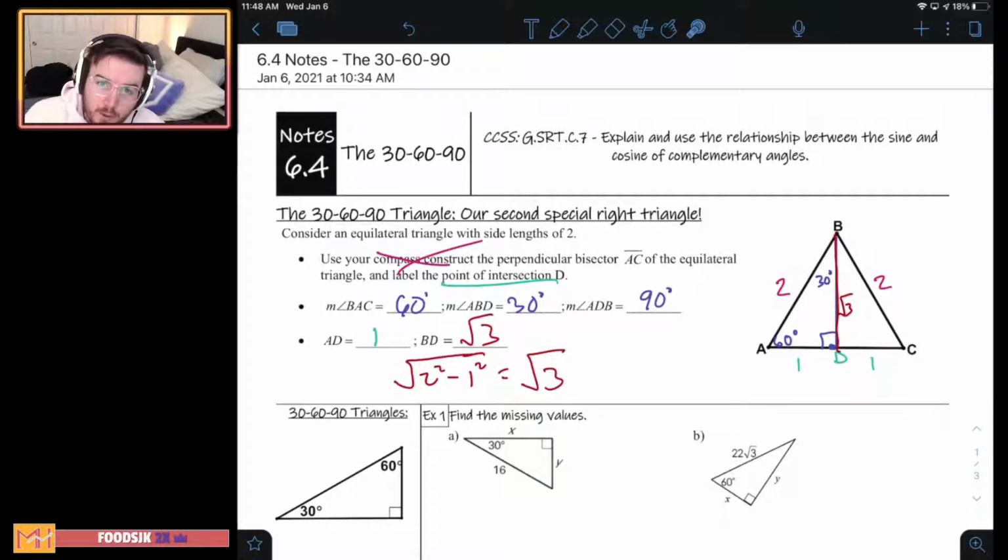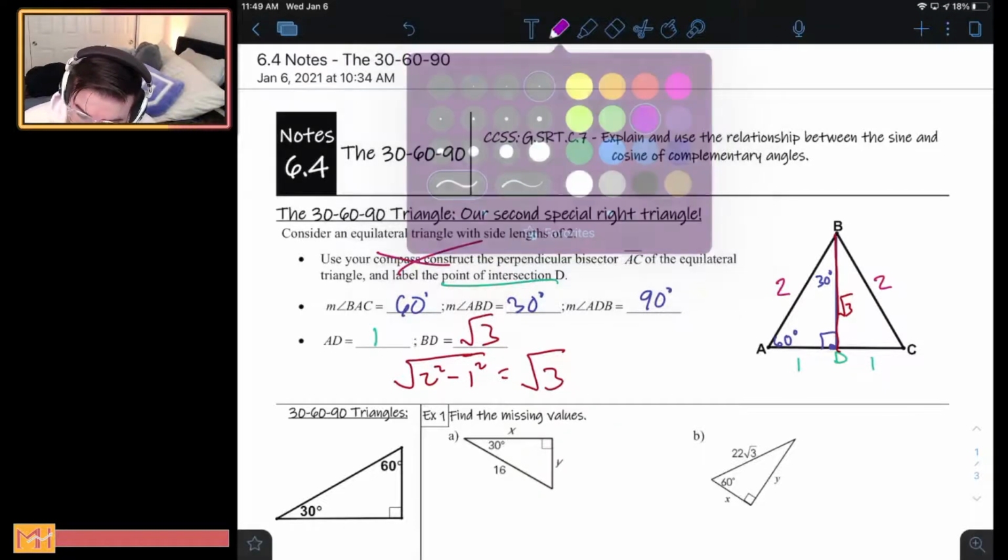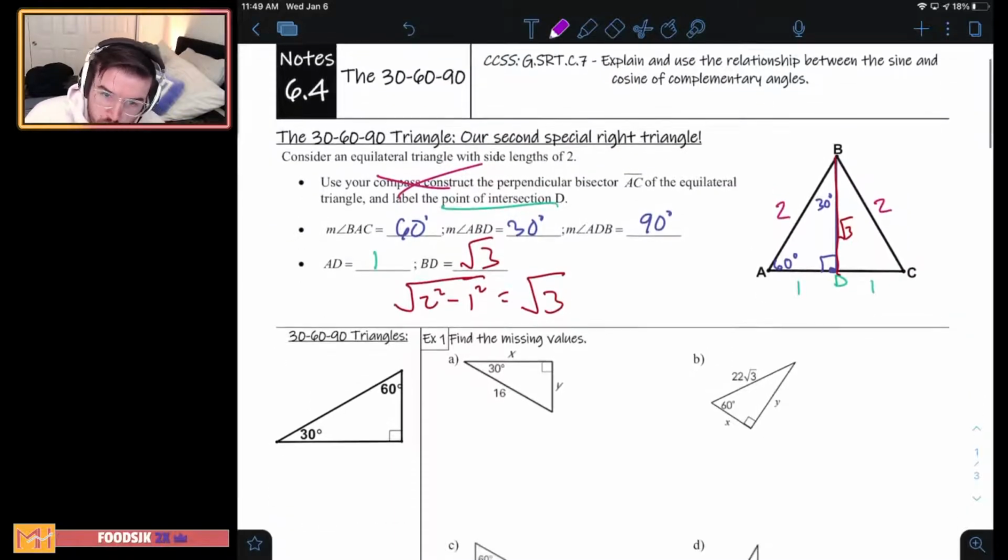And just like the 45, 45, 90 triangles, we can blow that up. We can shrink it down. We can have a triangle with any kind of size, but it's always going to follow the same pattern. And what pattern is that? Well, let's say that the short leg is K long. Comparing it to the original, what's the relationship between 1 and 2?